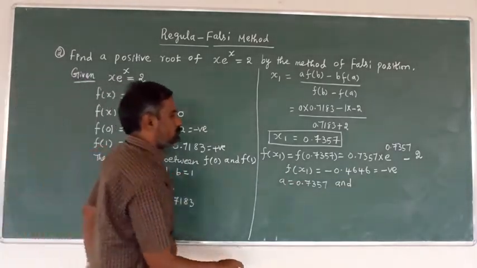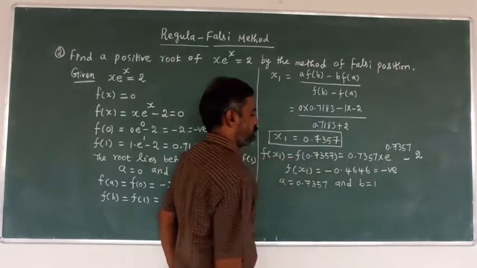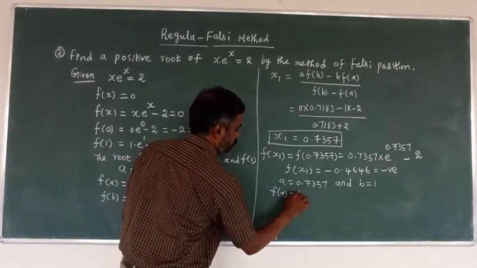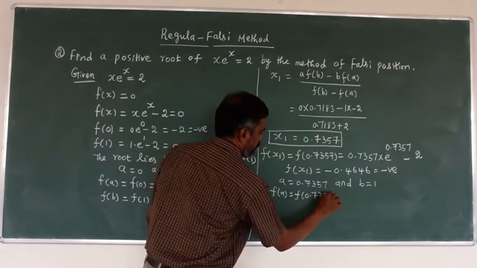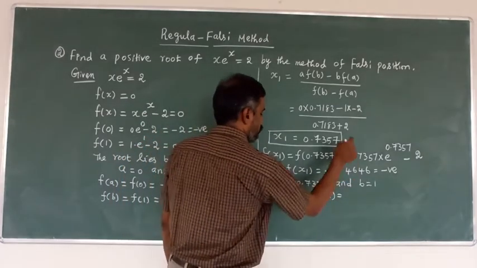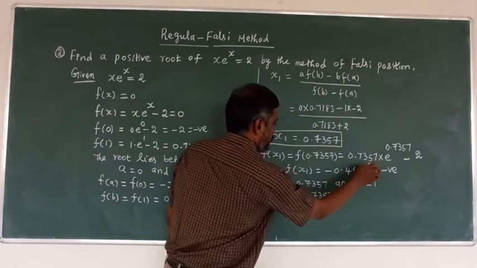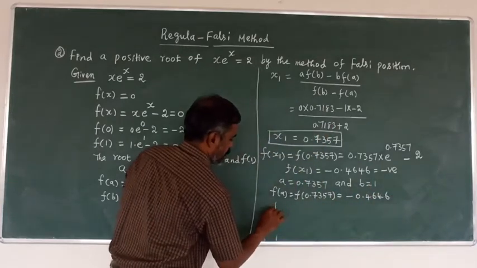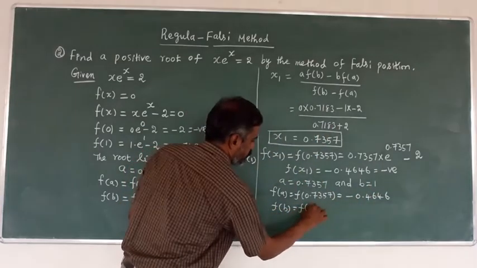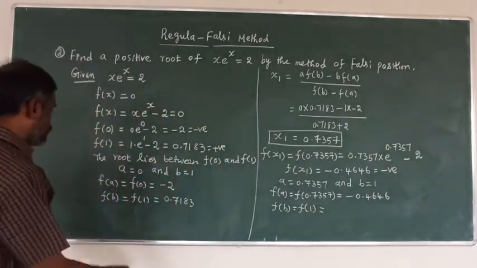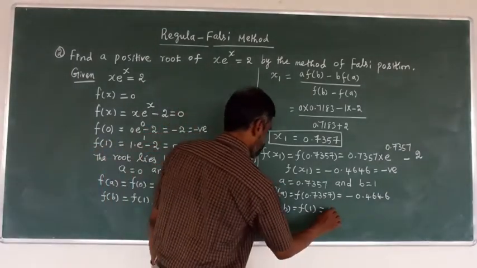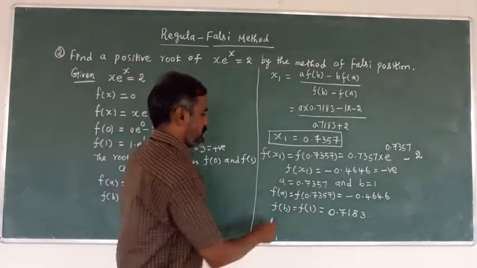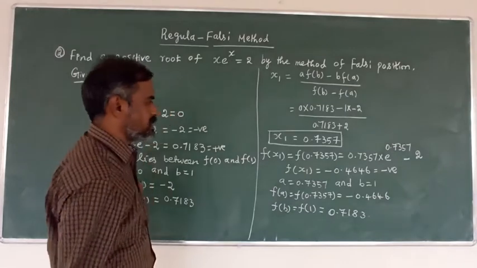So f(a) = f(0.7357), which gives -0.4646, and f(b) = f(1), which we already got as 0.7183. Substitute the a value, b value, f(a) and f(b) in the second iteration.